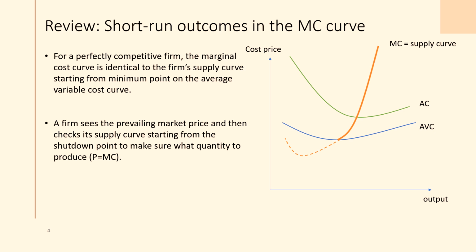When the firm observes the market price, it uses the rule P equals MC to determine the quantity to produce. In the graph, the MC curve, the red colored line starting from the shutdown point, represents the short-run supply curve for a profit maximizing or loss minimizing firm.